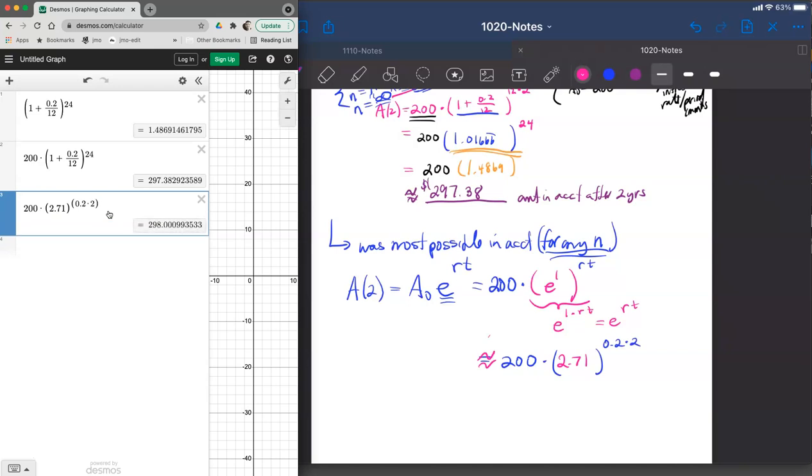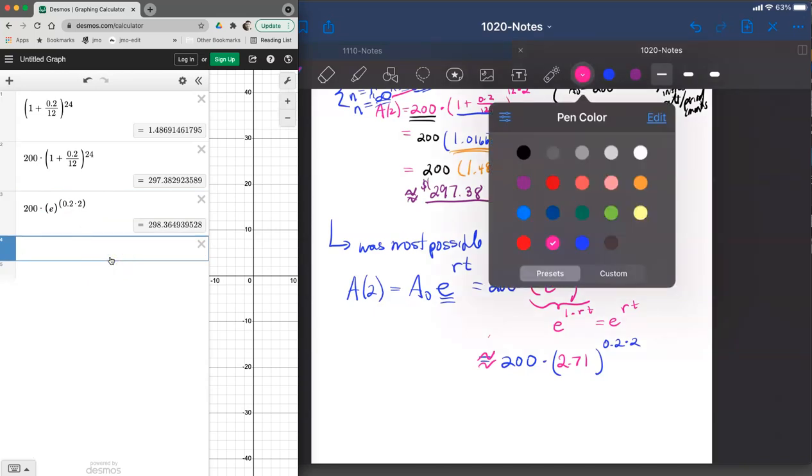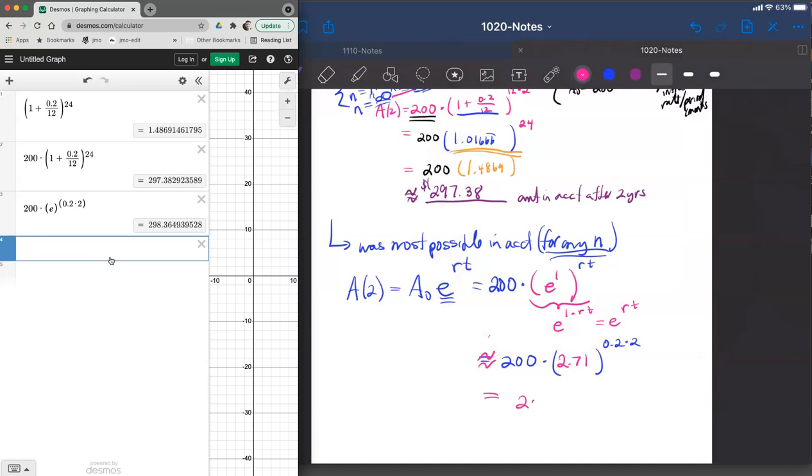Our most we could have had was about $298. If I wrote the actual number e here instead of 2.718, we would have gotten exactly 200 times e to the 0.4, which is $298.36.